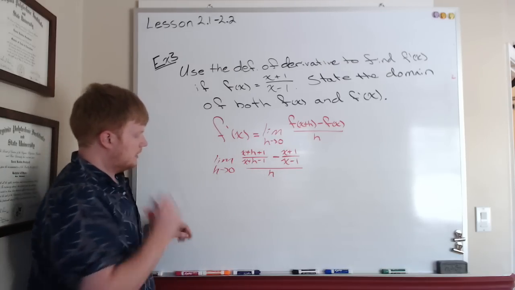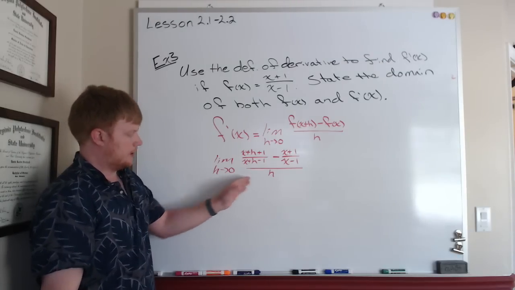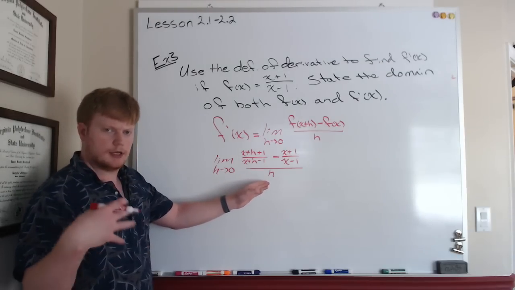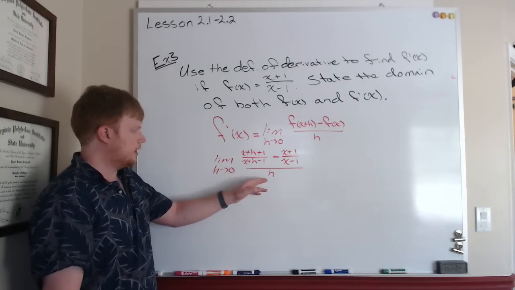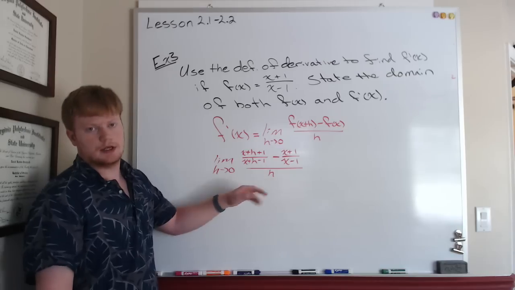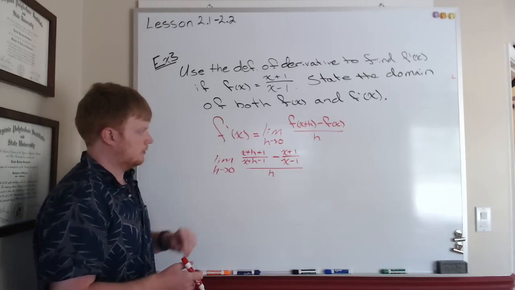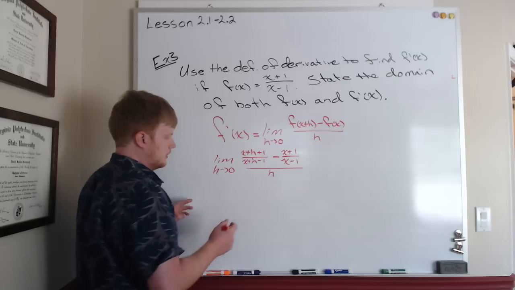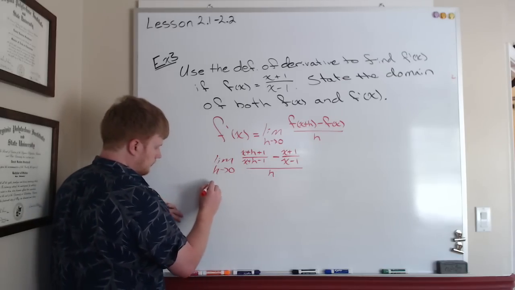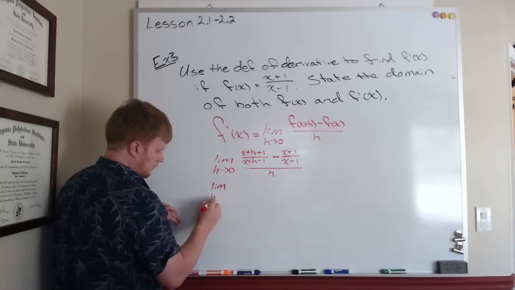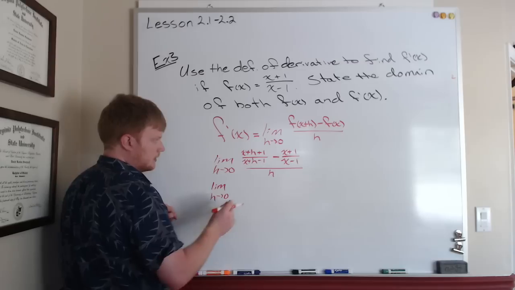Okay. Now obviously this limit can't be computed by simply plugging in 0 for h, because we get 0 in the denominator, which is undefined. So we are going to have to do a little bit of simplification here. So let's see.